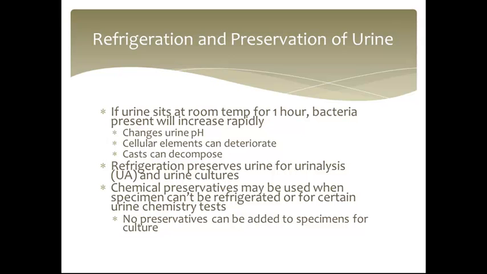Chemical preservatives may be used when specimens can't be refrigerated for a certain urine chemistry test. Some examples of chemical preservatives are hydrochloric acid, boric acid, acetic acid, and toluene. No preservatives can be added to specimens for culture, again, so that is really important.